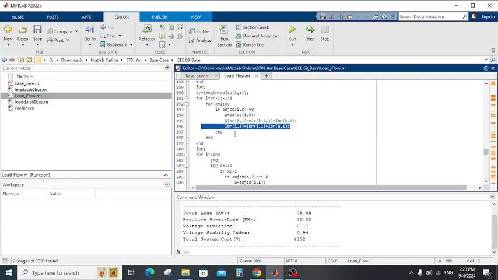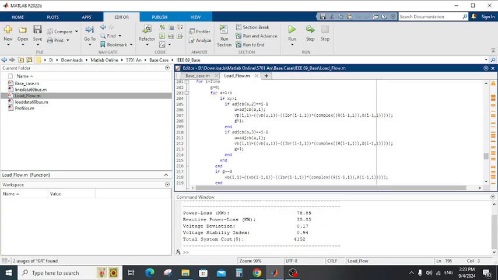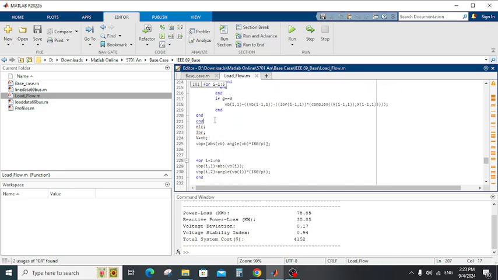After that we go back to calculate the voltage of each bus depending on the branch current, and we repeat this process 5 times.